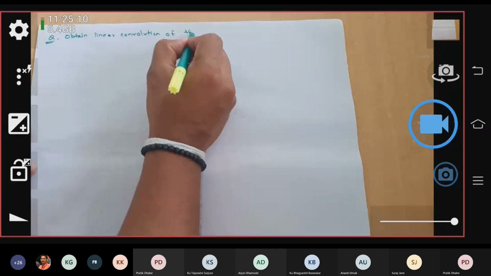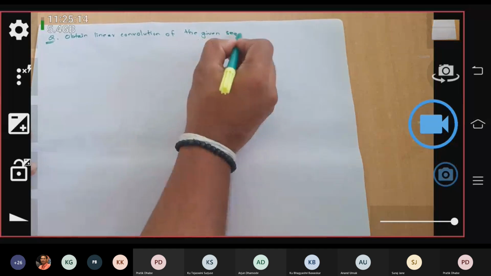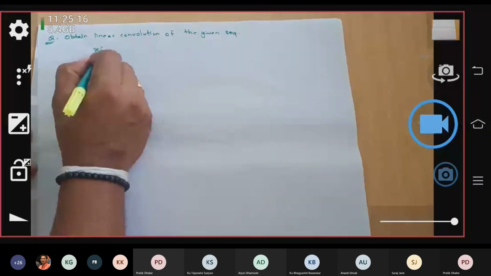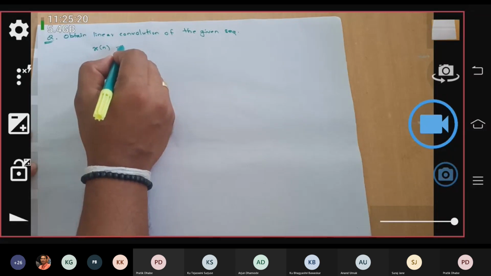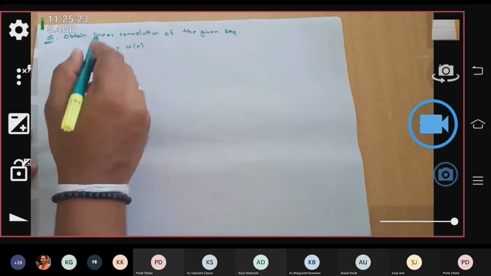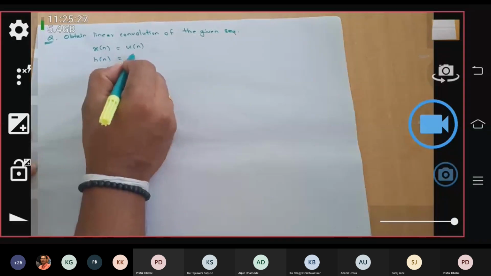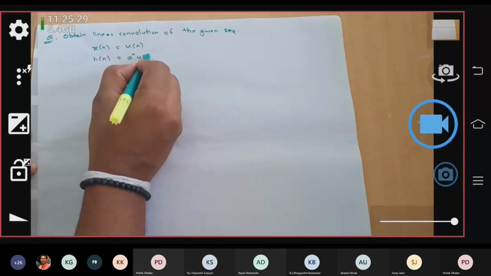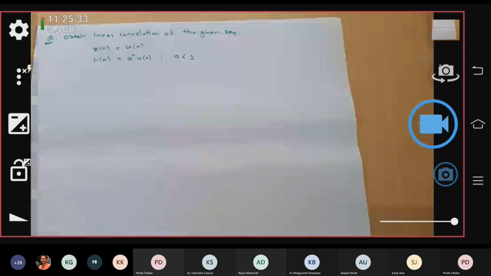We have been given some discrete sequences. One of them is x of n equals u of n, and h of n is the other sequence, equal to a raised to n u of n, where a is less than 1.